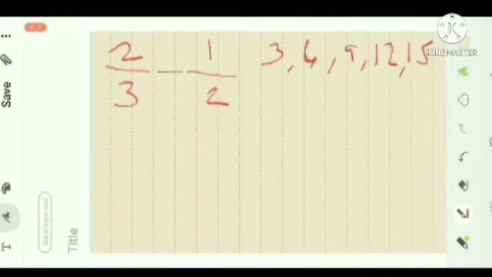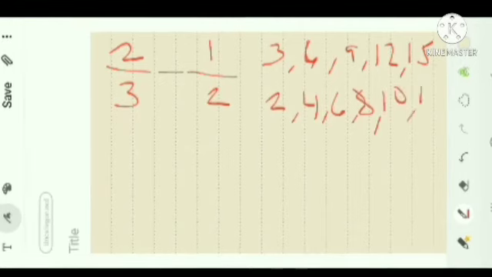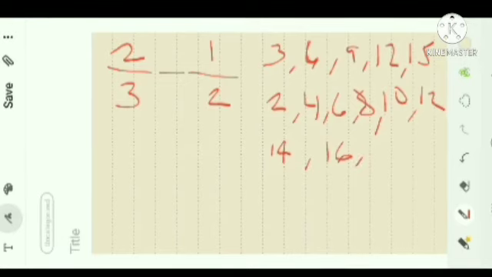Next, for denominator 2, we have 2, 4, 6, 8, 10, 12, 14, 16, and so on.